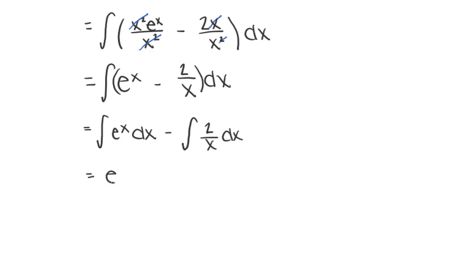So we have e to the x, because that'll always be the same, minus 2 natural log absolute value of x. And we've said before that when you have two integrals, you can combine their constants, since they're arbitrary, into just one constant. So we can just put plus c for both of them.